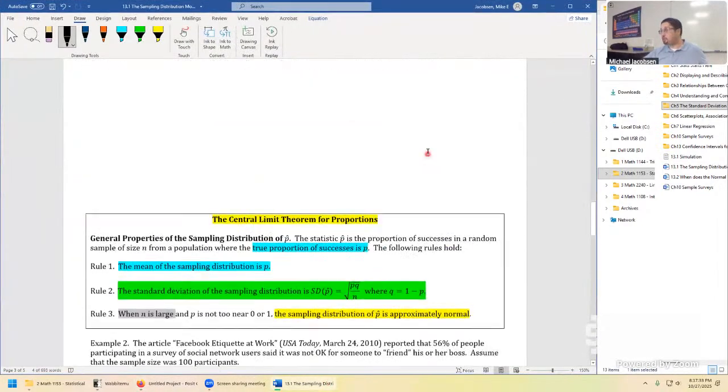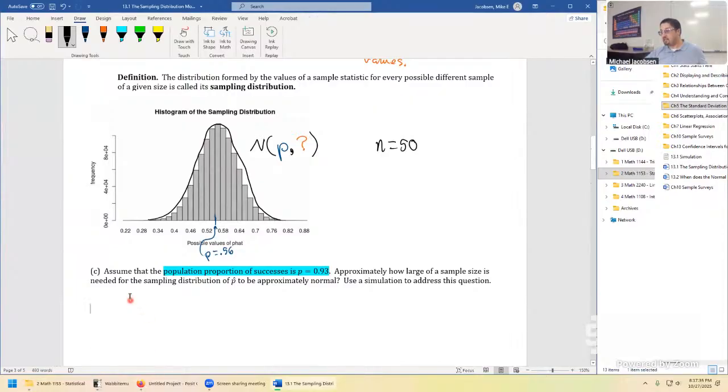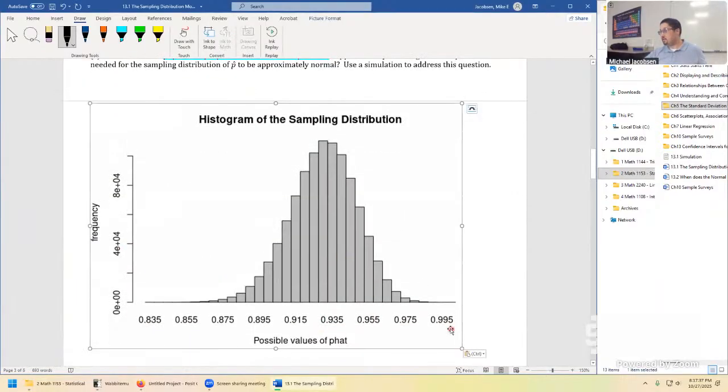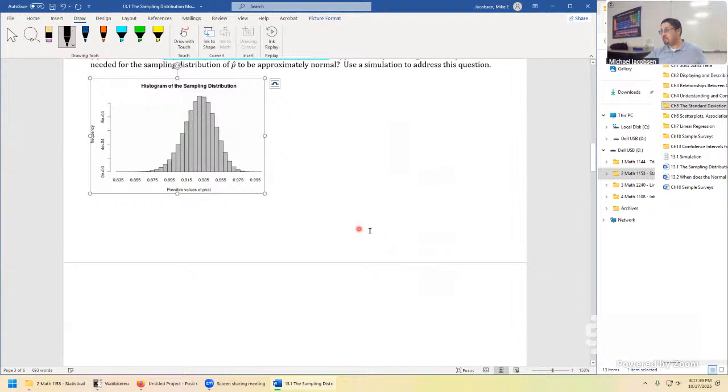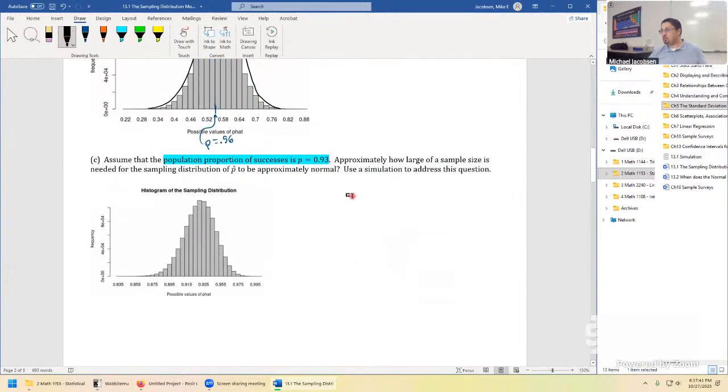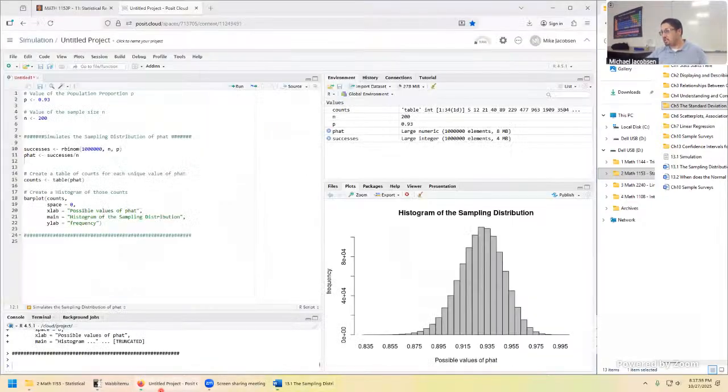Let's just put this back into our plot here. So we've compromised, going slightly higher at sample size n equals 200. Let me just double check there.